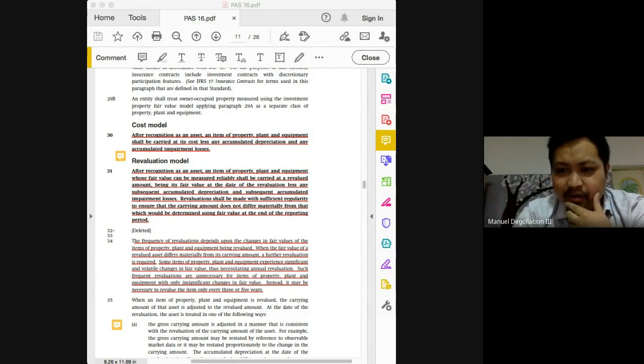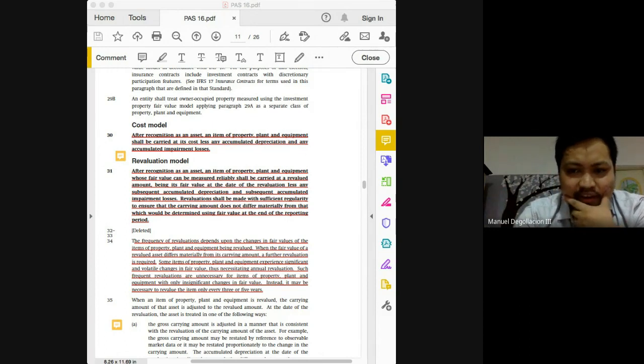Carrying amounts are still changed to the fair value under both models, except that in the fair value model, the restatement, the changing of the carrying amount, is done annually. Under the revaluation model, we do not do it annually, but under the fair value model, every year you will have to change the carrying amount so that it will reflect the fair value of the investments.